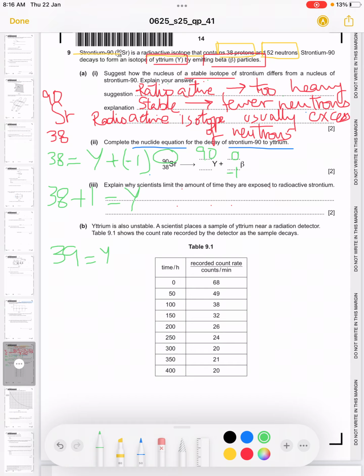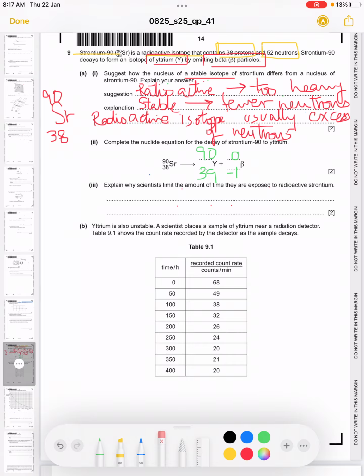So the atomic number of the yttrium is 39. So this is our completed equation. I am removing the working so you guys check it out. Yes, okay. Now let's move to the next question.